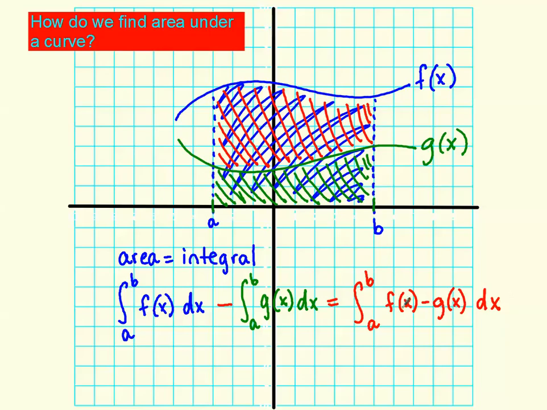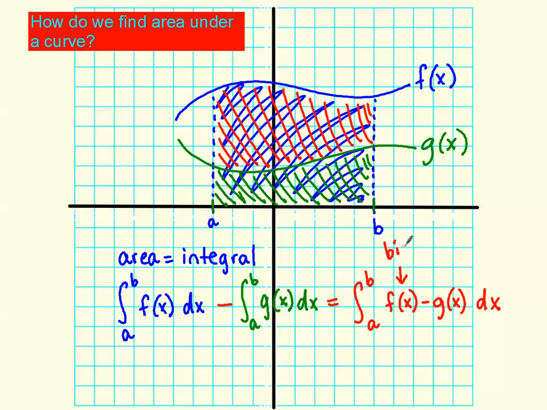Now, how do I know which one is supposed to go first? Well, of course, when we're subtracting for area, we always want the big one minus the small one. So if these are functions of x, that means they're either going to be high or low. So I'm going to pick the bigger y.